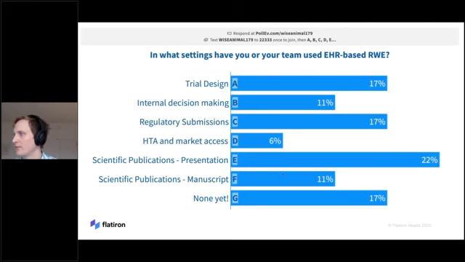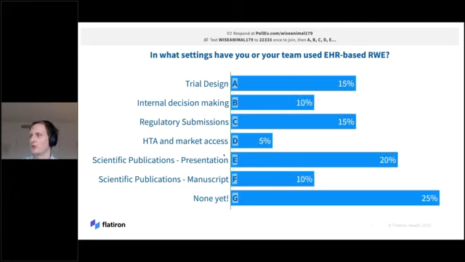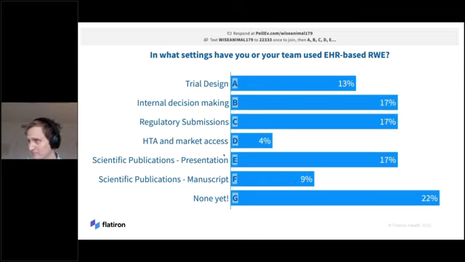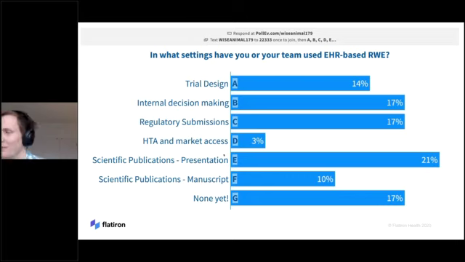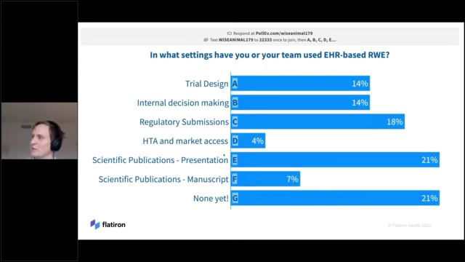Okay, great. This is changing rapidly. A lot of people seem to have focused on presentations. Seems like it's growing as people have not used EHR data yet. So we'll give it a few more seconds here to balance out. I think you can vote about 5 times, so if you have multiple use cases, feel free to change it.